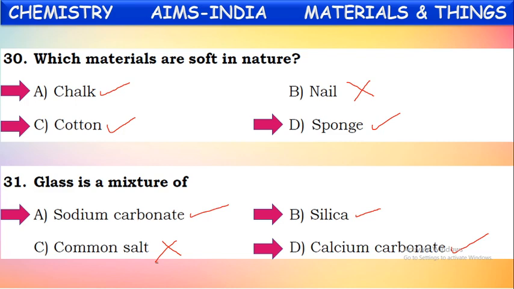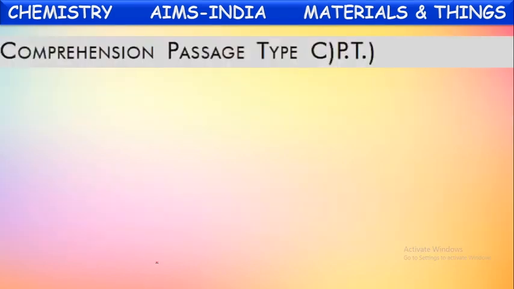Now let us see one more. Comprehension passage type questions means in this type of questions they will give a small paragraph related to a topic. Based upon the paragraph they give some questions. So if you understand the paragraph given, we can answer those questions. Now let us see the concept given here in the form of a paragraph.